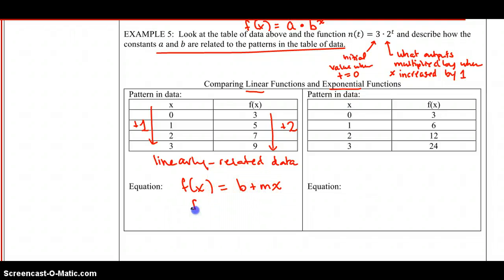So in this case, our initial starting point was 3, and then we kept going up by 2 for every unit increase in x. Okay, so here we've got addition, because for our outputs we kept adding on 2.